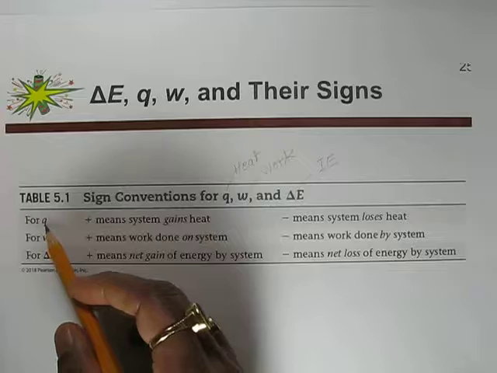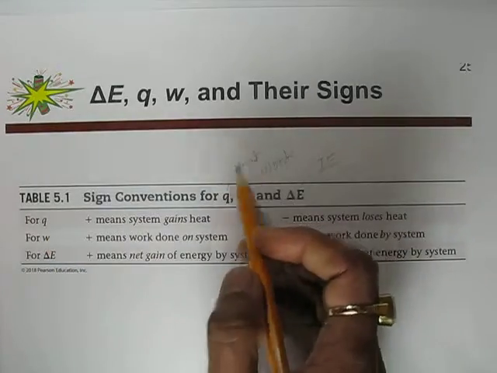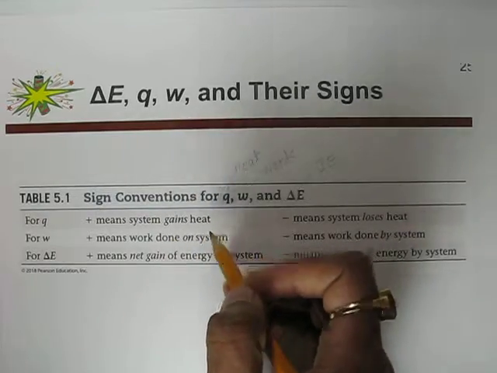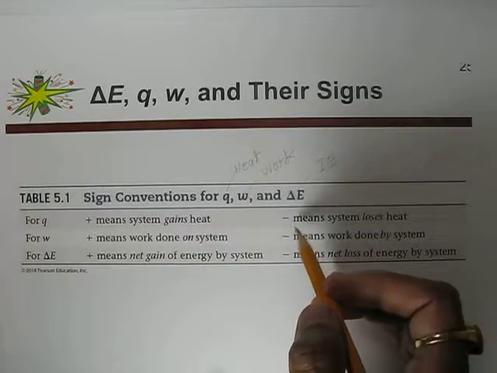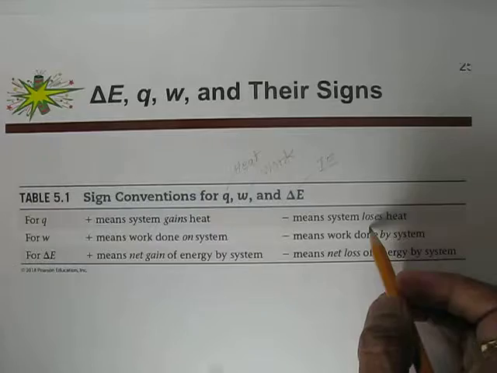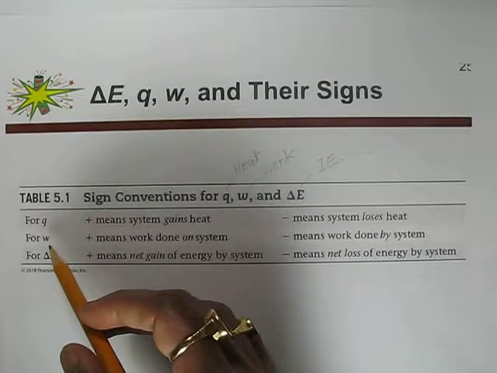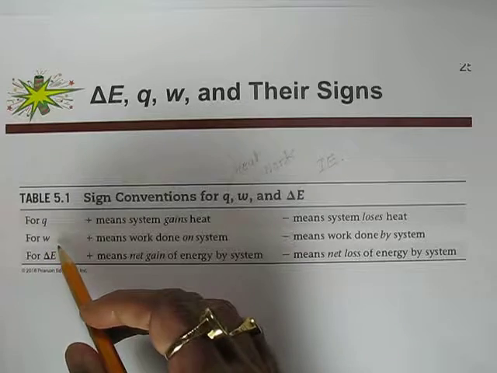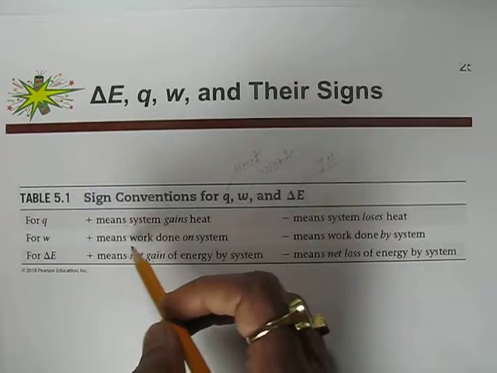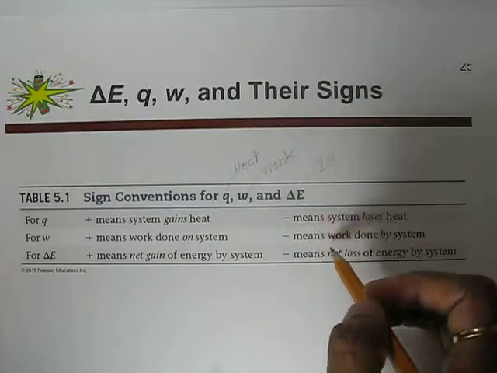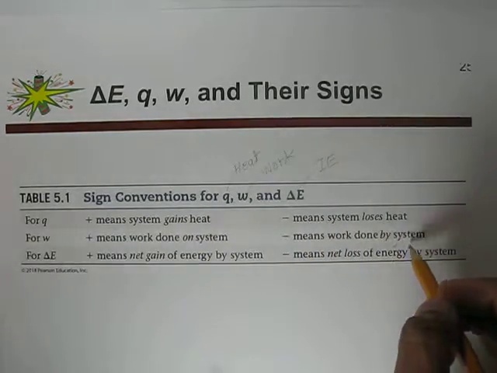If Q, the heat, is positive, the system gains heat, and if Q is negative, the system loses heat. On the other hand, if W, the work, is positive, it means work is done on the system, and negative means work is done by the system.